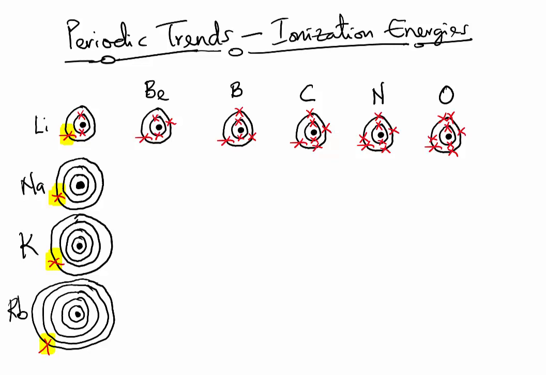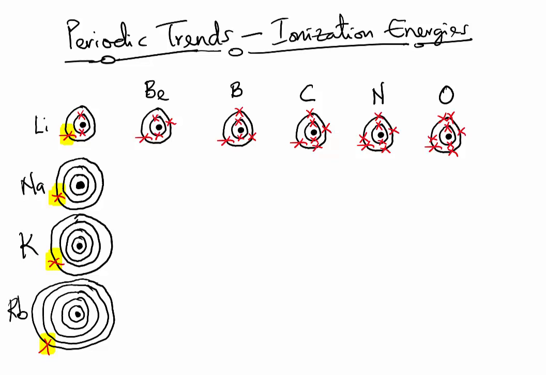So this is the question: which one will require the most amount of energy to take one electron from, and which one will require the least amount of energy to knock off the outermost electron?